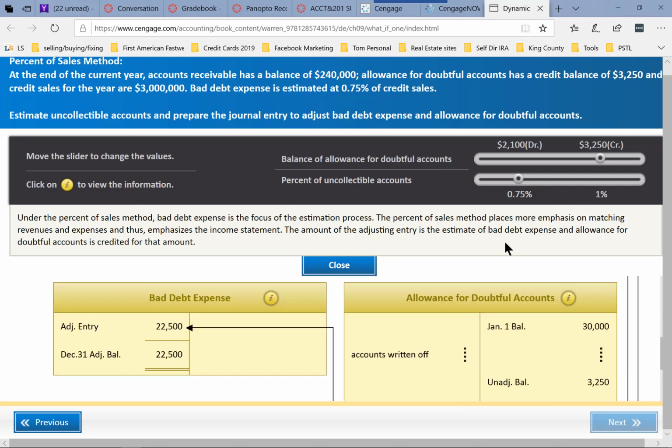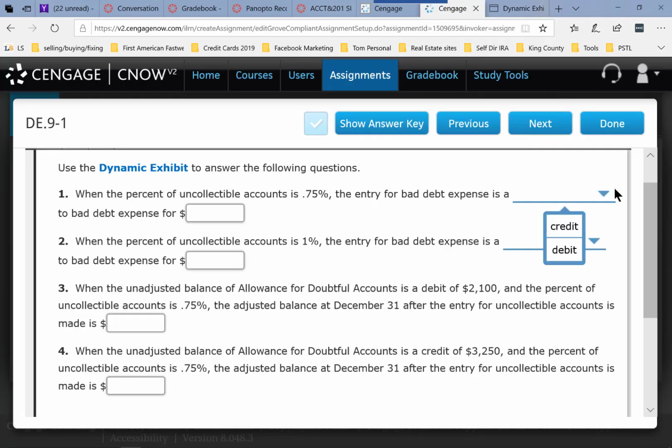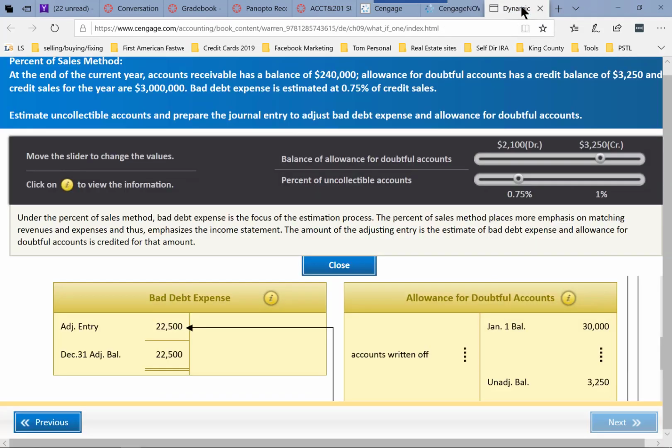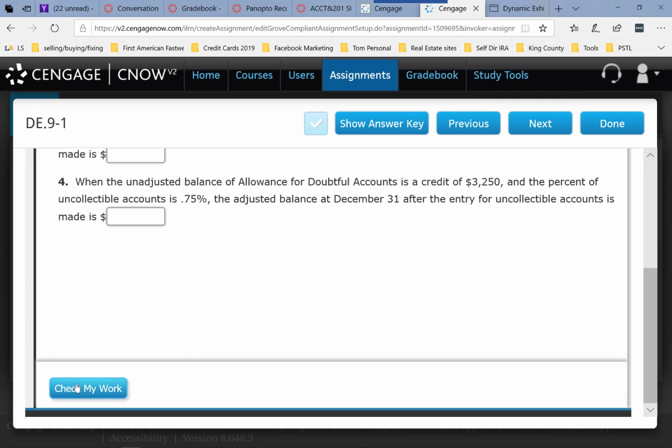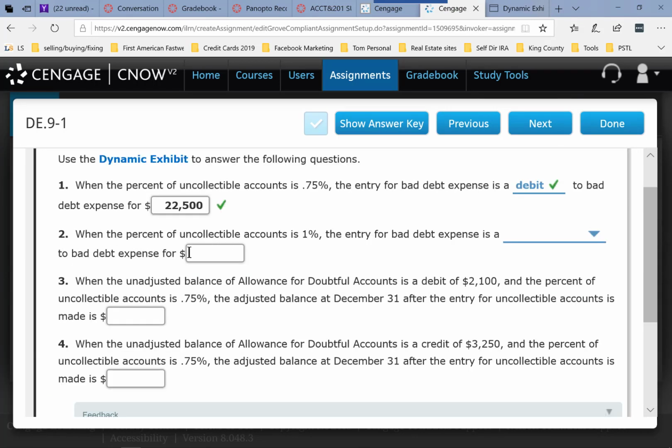So the answer back here is debit 22,500. I check my work, and there you go, we got it.